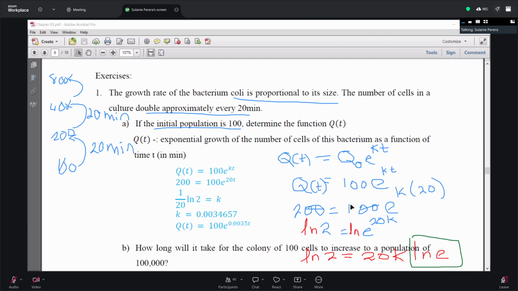I'm asking natural log of e. ln e is, yes, 1. So then k will be equal to ln 2 divided by 20. So we have k equals this amount. You can divide and get the answer: ln 2 divided by 20.